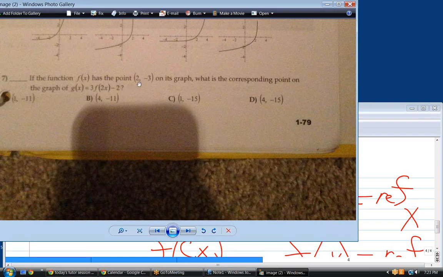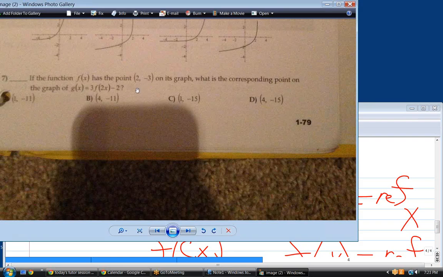Okay. So if the point 2 comma minus 3 is on the original function, well, if I did just this, in other words, if I had f of x minus 2, then the point 2 comma minus 5 would be on my new function, right?